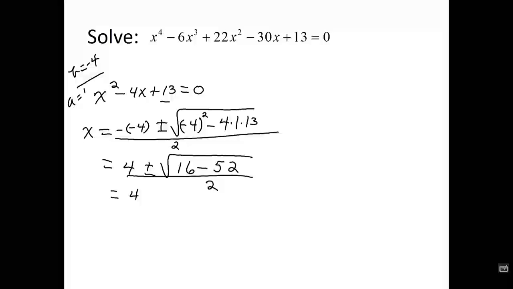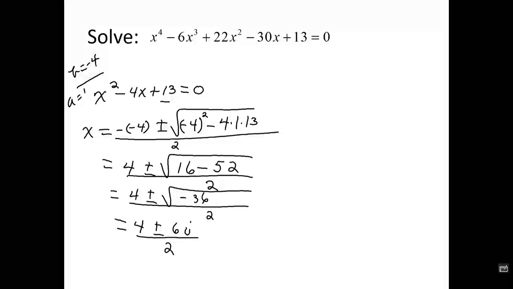Continuing to simplify, 4 plus or minus the square root of 16 minus 52, which is negative 36, divided by 2. The square root of negative 36 is 6i, all divided by 2. Simplifying, we have 2 plus or minus 3i.